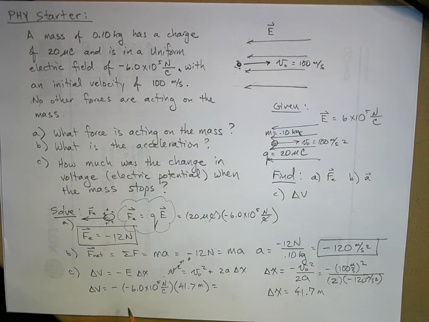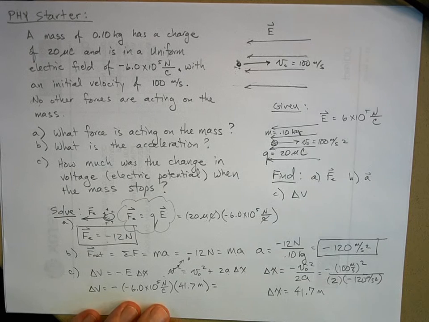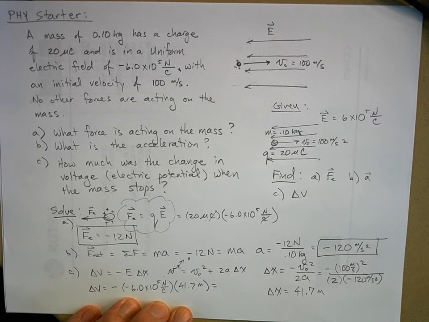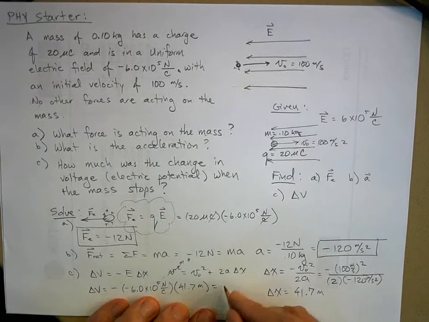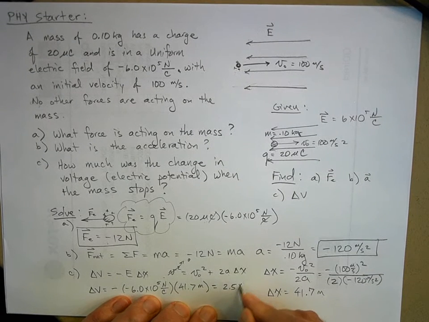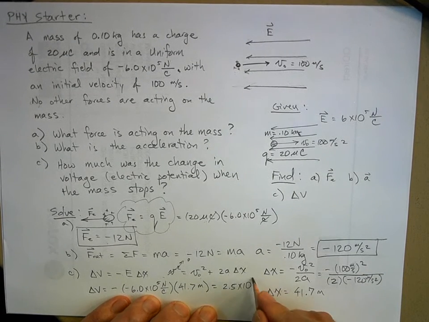Negative cancels the negative. So I'm going to multiply that. The answer I got times 6 times 10 to the 5 equals, and I get 2.5 times 10 to the 7 volts. Huge voltage change.